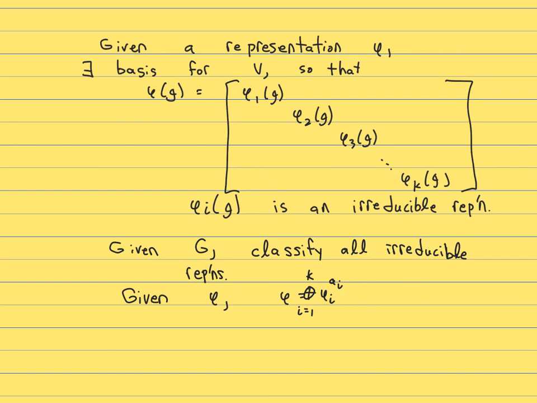And then the question is, what are the a_i's? So in other words, given an arbitrary representation, how does it decompose as a direct sum of the irreducibles? And so, as we will move on, these will be two questions we try to solve.